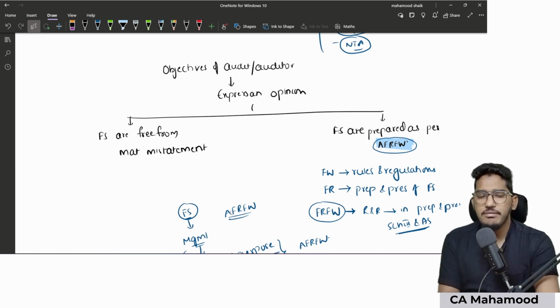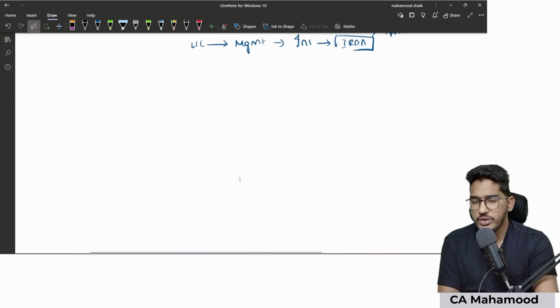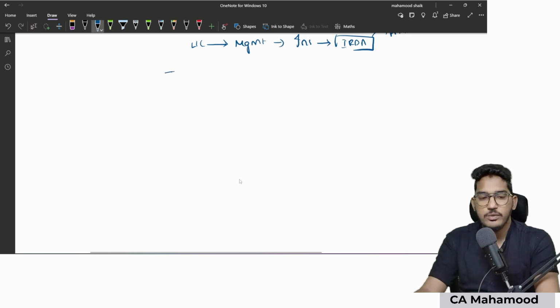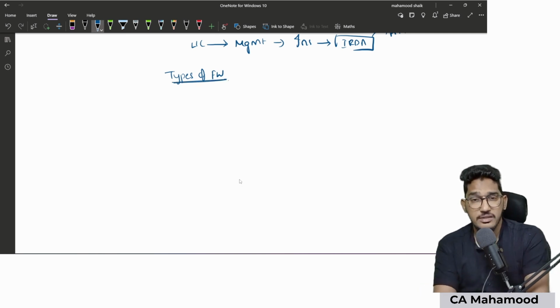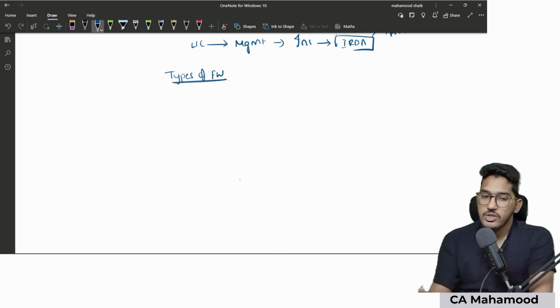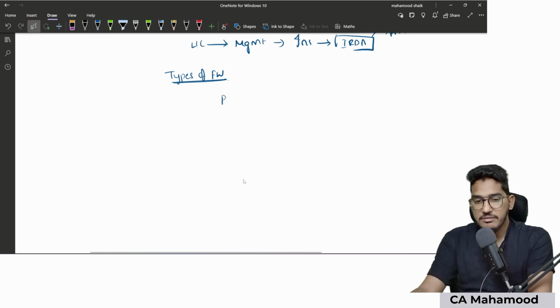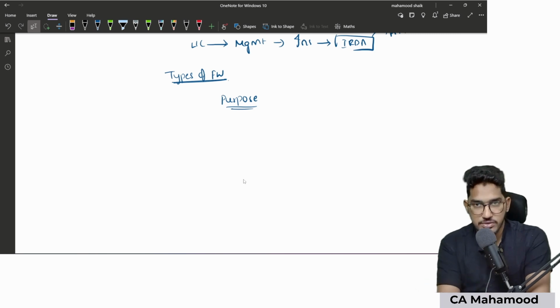Now, since we have understood what is applicable financial reporting framework, let us try to understand the various types of frameworks also. First we will understand the various types of frameworks on the basis of purpose of financial statements.